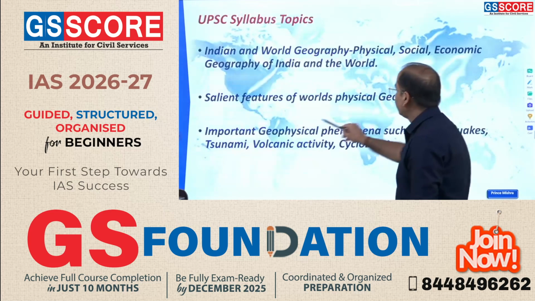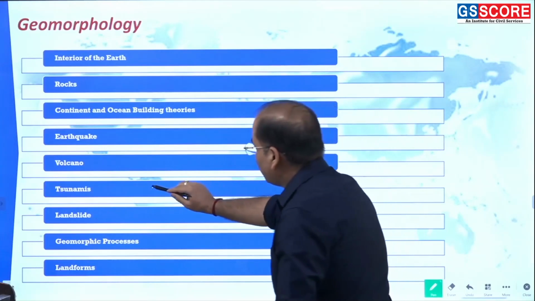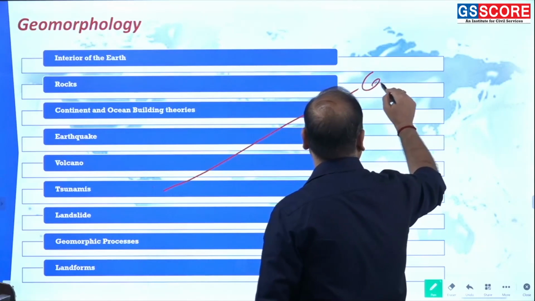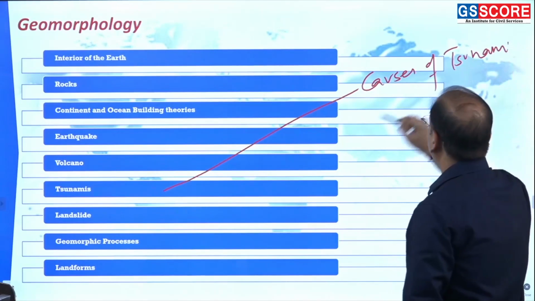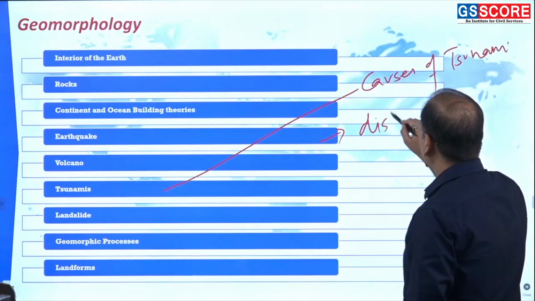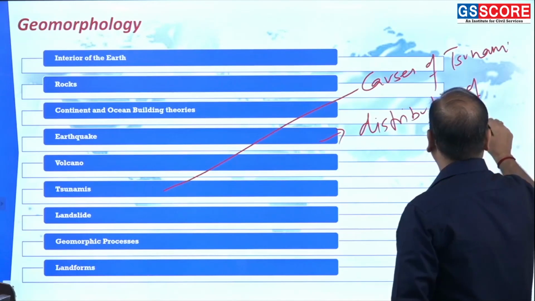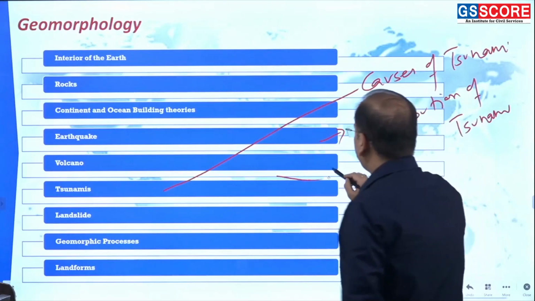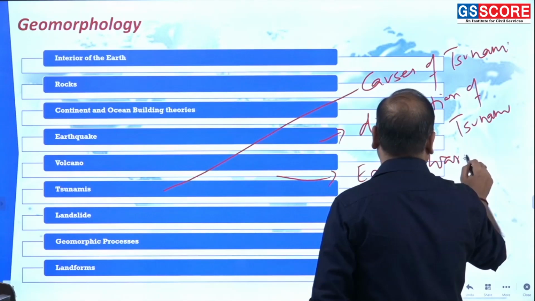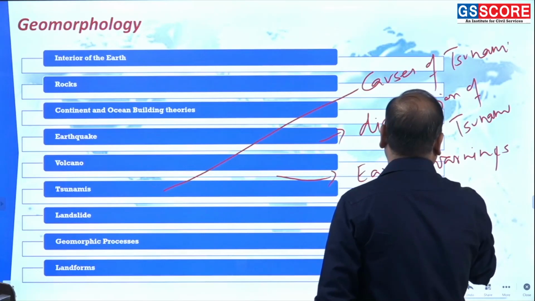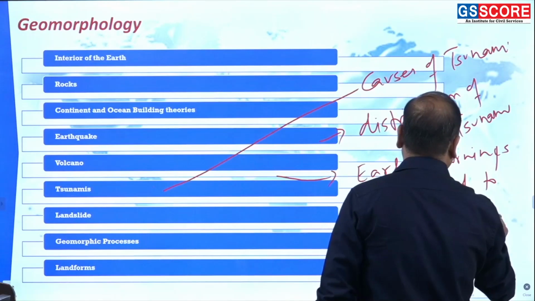Then comes the topic of tsunami. So, tsunami again: how the tsunami occurs, causes of tsunami, distribution of tsunami, prediction of tsunami, early warnings related to tsunami.